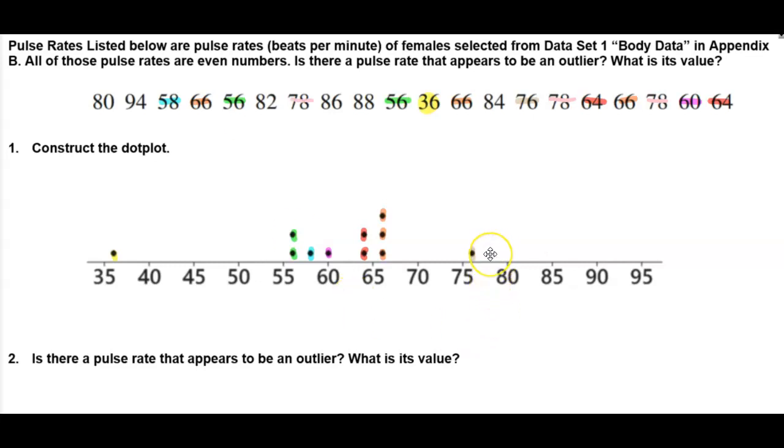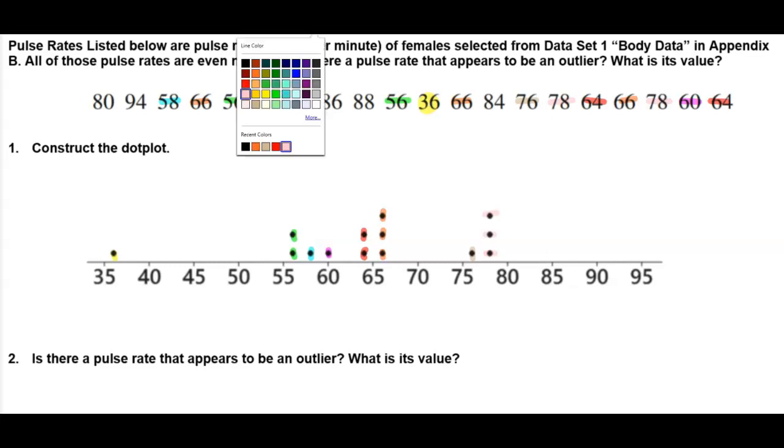So right here, we should have 3 dots for the 3 78s that we have. Let me change to our highlighter so it doesn't cover up those numbers. So again, we have 3 dots at 78.